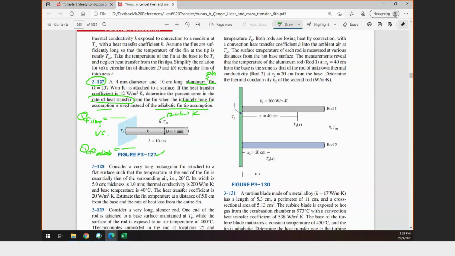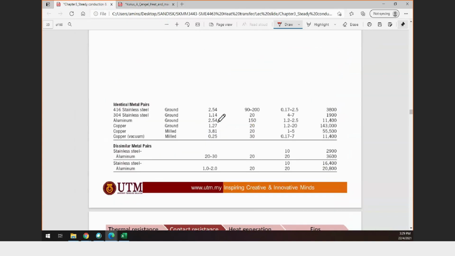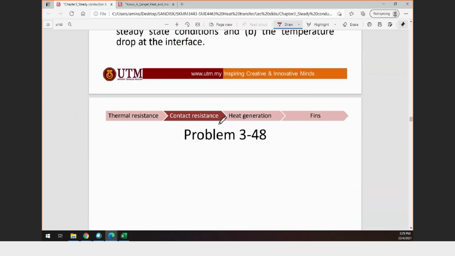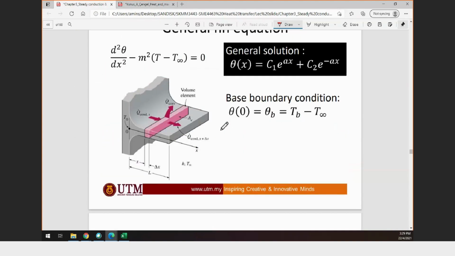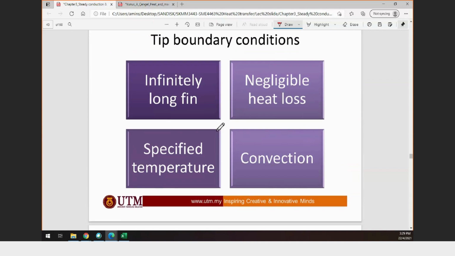So which equation do you want to use? You can go back to the equations. There are four. Okay, this one. So you need to compare Q fin from this condition, number 1, to this one.